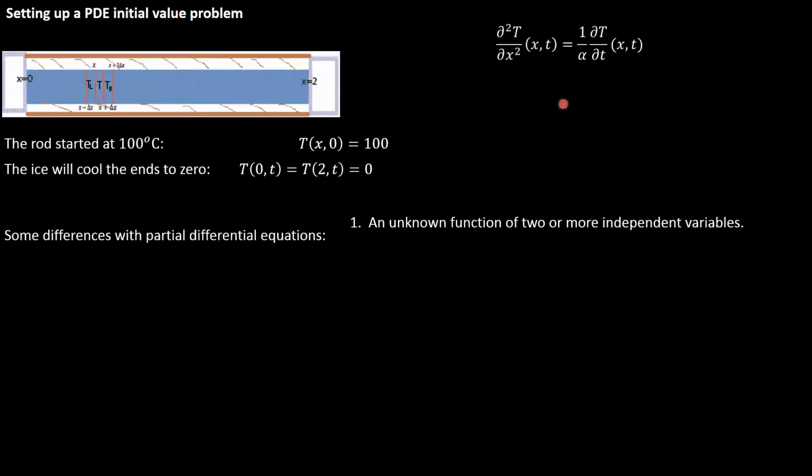It depends on 2 variables, x and t, and instead of just initial values like f of 0 equals 1, we have boundary values where we have basically infinitely many initial values. We know that the rod is 100 degrees for any value of x at time 0, and the rod is 0 at the endpoints for any value of t. So you can think of it like we have infinitely many initial values rather than just 1 or 2 or 3, and these are called boundary values for partial differential equations.